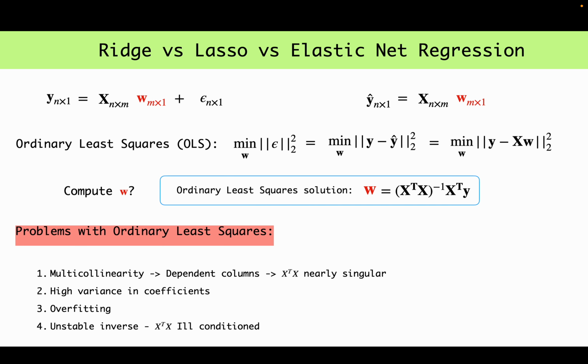Whenever we have dependent columns, our matrix becomes nearly singular, and it becomes difficult to find the inverse of X transpose X. Also, the weight vectors resulting from the least square solution sometimes have a lot of variance. Values can be very high, and that is one of the bigger problems in OLS. And we have the overfitting problem and also the unstable inverse whenever the matrix X transpose X is ill conditioned.